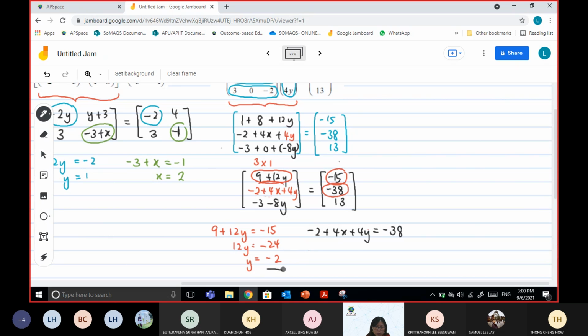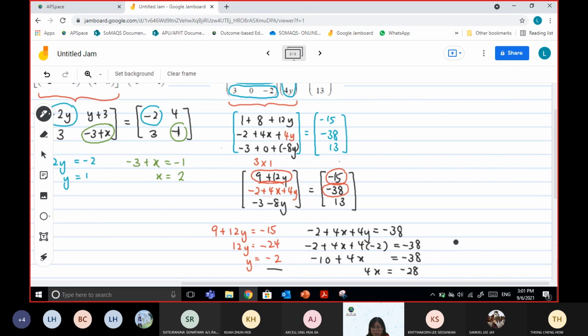So we substitute the y that we obtained just now. So negative 2 plus 4x plus 4 times negative 2. We have negative 8, negative 2, so negative 10. So 4x equals negative 38 plus 10, which is negative 28.